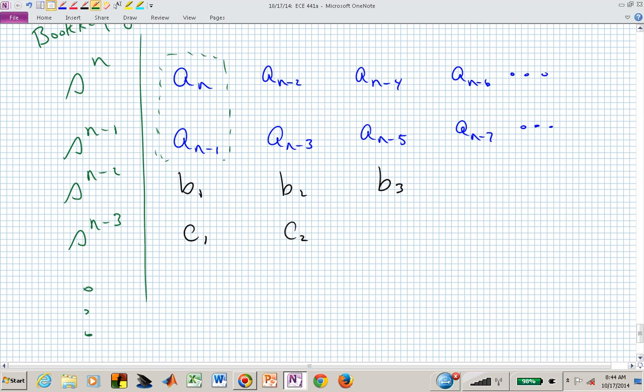And B1 is going to be a sub n minus 1 times a sub n minus 2 minus a sub n times a sub n minus 3, all divided by a sub n minus 1.